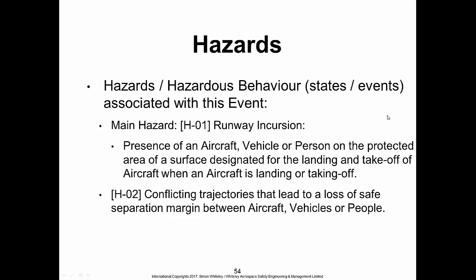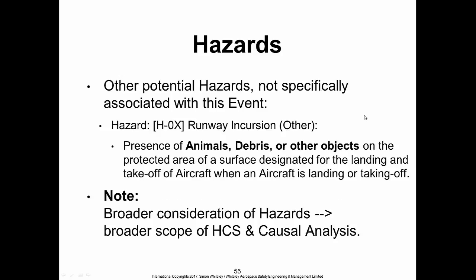So hazard one sort of includes the ground domain part of the system, if you like, and hazard two sort of includes the air flight domain part of the system, if you can call it that. Now, of course, there are other potential hazards that are not specifically associated with this event, but are potentially associated with other runway incursion events, such as the presence of animals, debris, or other objects on the protected area.